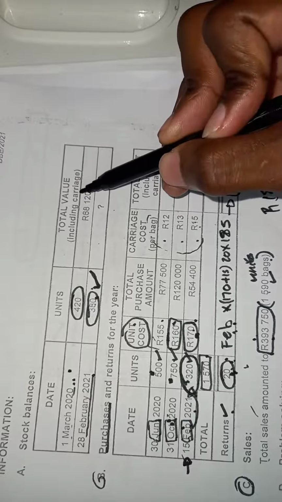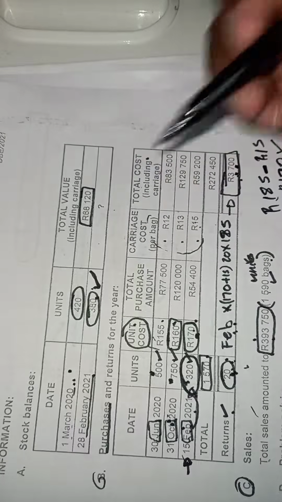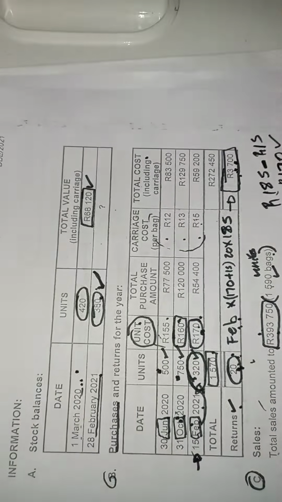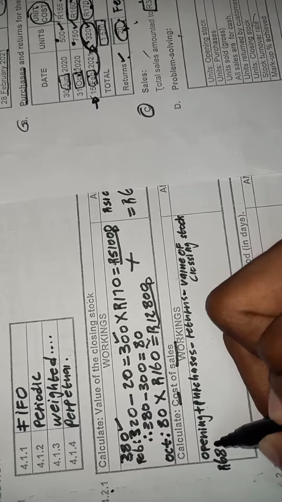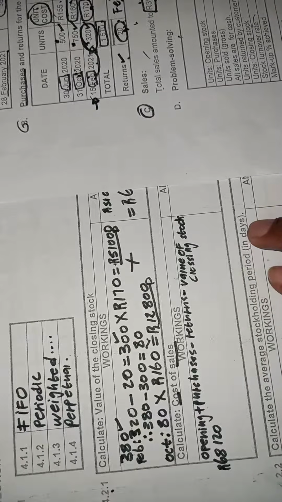The total value including carriage is 68,120. That's our opening. I have used the rands. Don't forget, you are using rands to calculate cost of sales. Cost of sales is a rand value. It's a cost. It's not a unit.